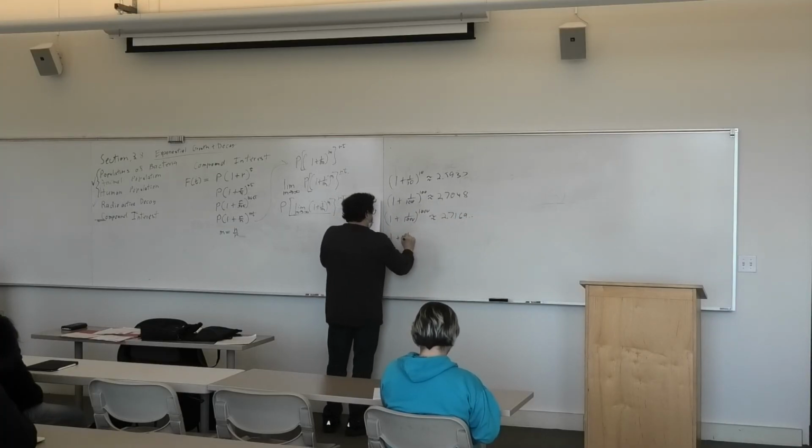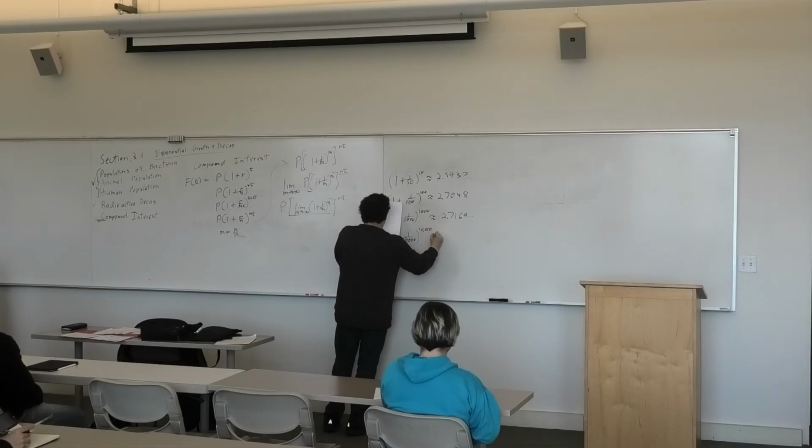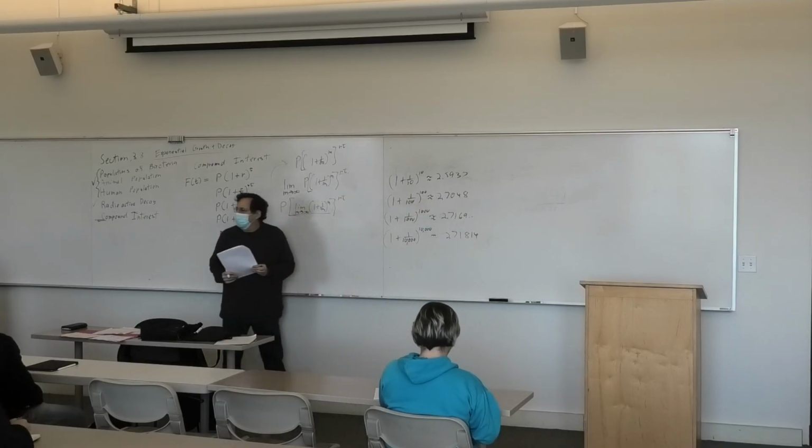And 1 plus 1 over 10,000 to the 10,000 is 2.71814. See where this is going?